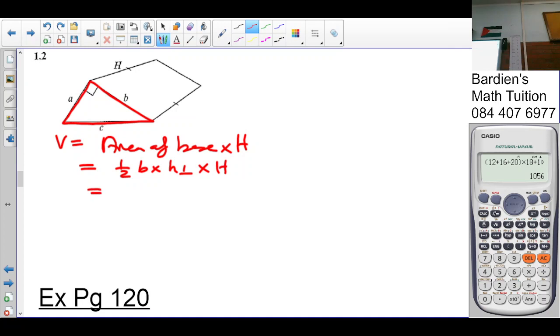Not so. So it's half. What's my base? A times the perpendicular height B times the depth of the object, which is H. So that is simply half AB. Okay. Yes. Units.